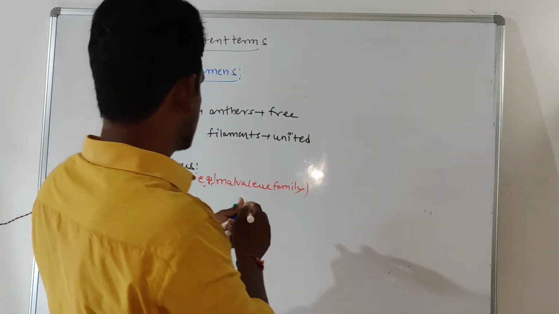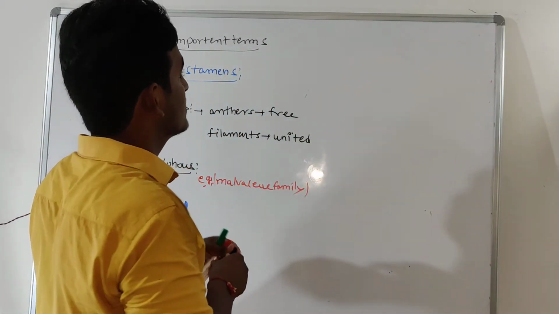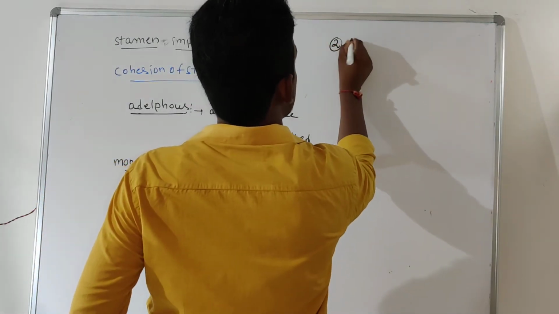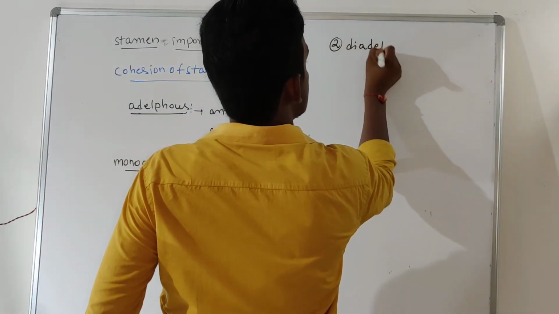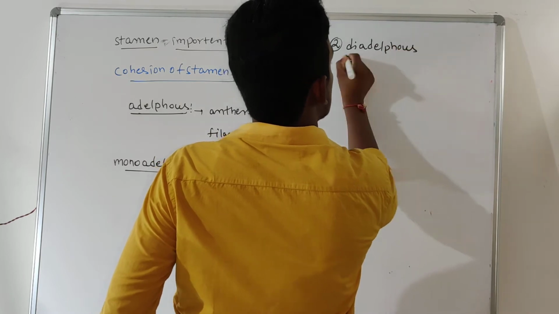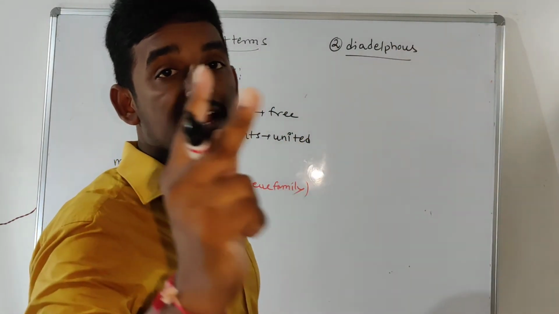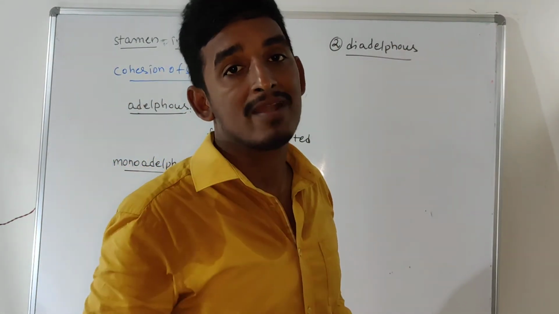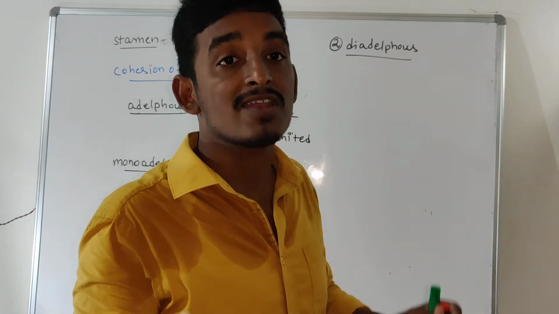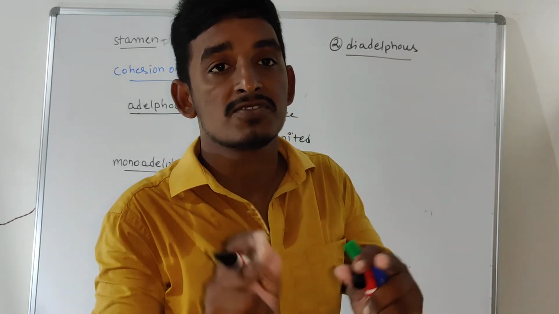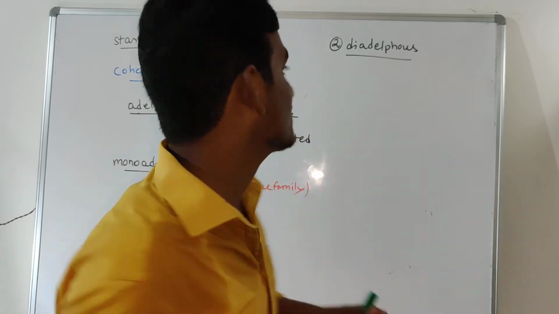Next we will discuss the diadelphous condition. Diadelphous means it has two bundles of filaments, right? Those are united at the filament position and free at the anther position.